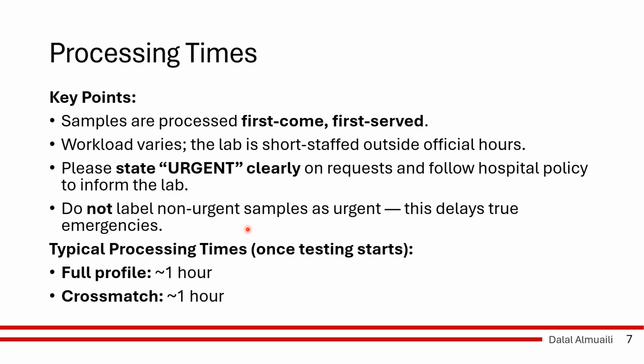And at the same time, you may have affected the safety of other patients. So please do not mark samples as urgent unless they really are urgent. In typical situations, performing a full profile requires an hour. Performing a cross-match requires another hour.